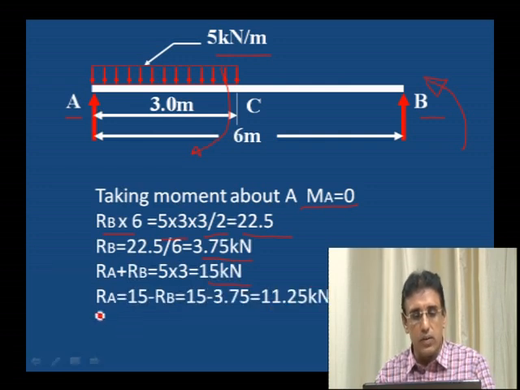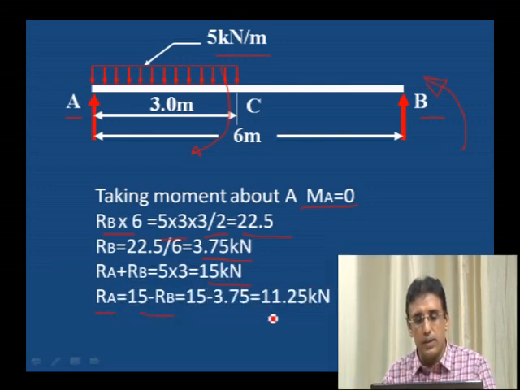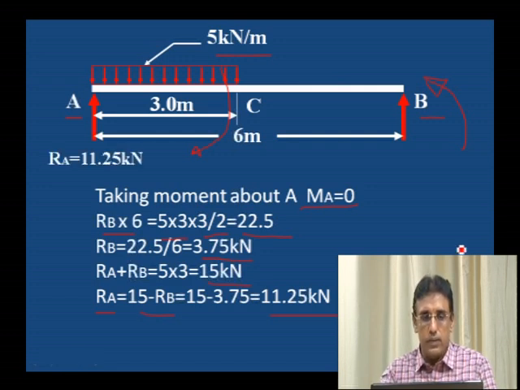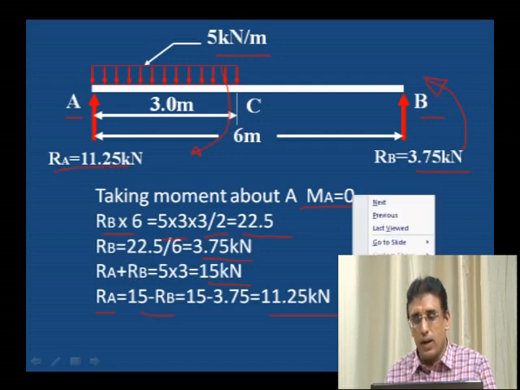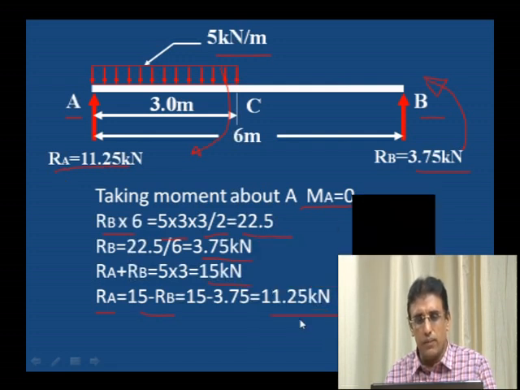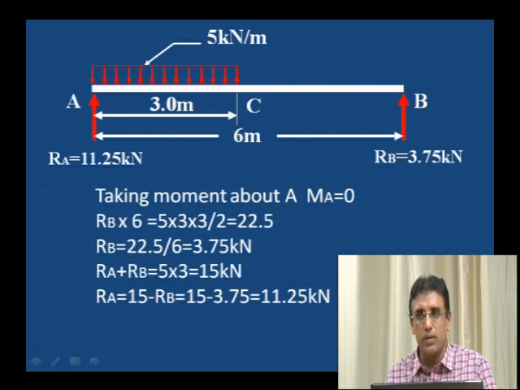Therefore, RA is equal to 15 minus RB, that is 11.25 kilonewton. We have the values of RA and RB. You can observe here, RA value is more, RB value is less, since the load is acting towards A. RA and RB values are not equal. It is not symmetrically loaded.